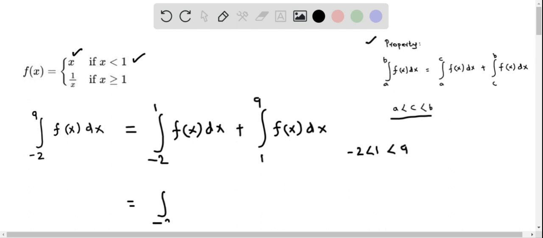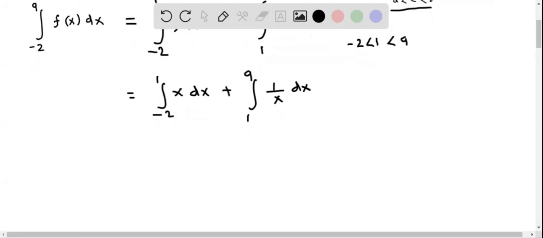So I'm going to replace f(x) with x in the first integral. For the second integral, the limit is from 1 to 9, so x is greater than 1. So we can use this definition of f(x), that is 1/x. So I replace f(x) by 1/x for the second integral.